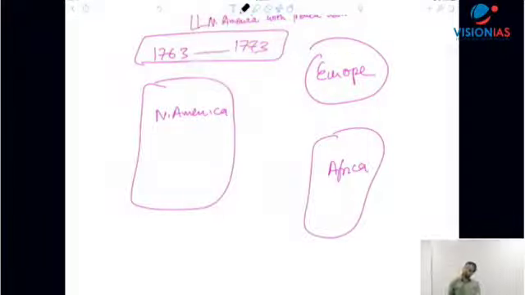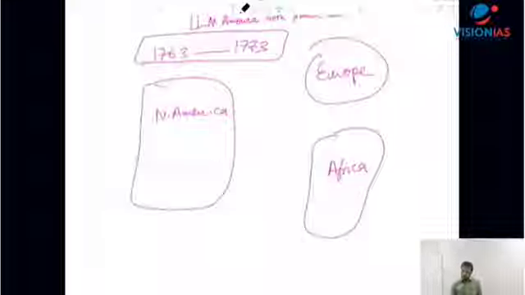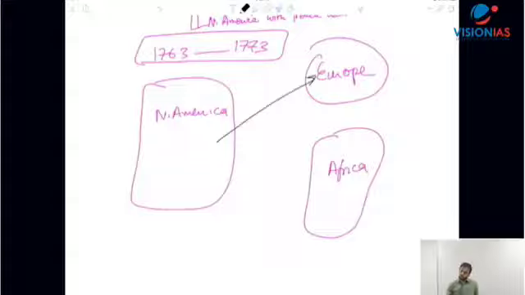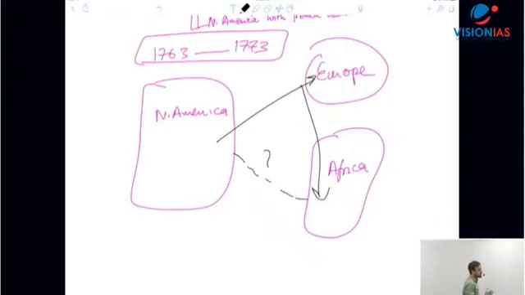So the Navigation Acts basically said that if North America was to sell its goods in Africa, it would first have to go to Britain, pay a tax there, and then go from Britain to Africa. This would increase the time and the cost, and indirectly mean that trade with countries other than Britain would become very difficult.